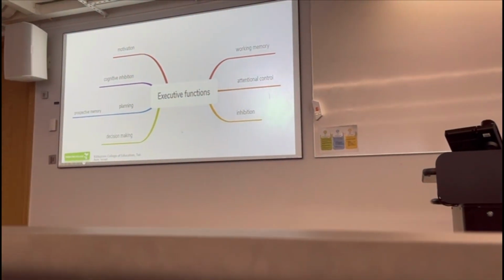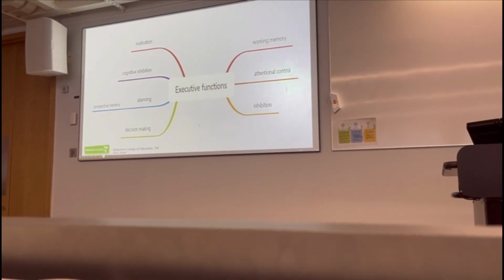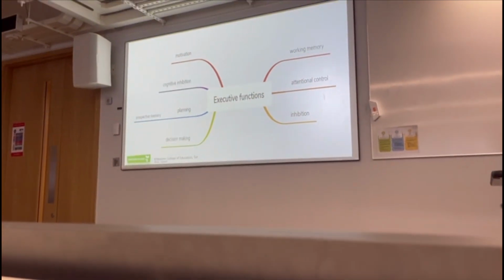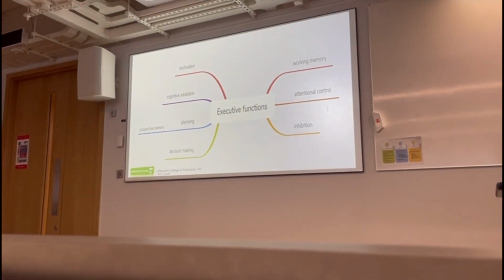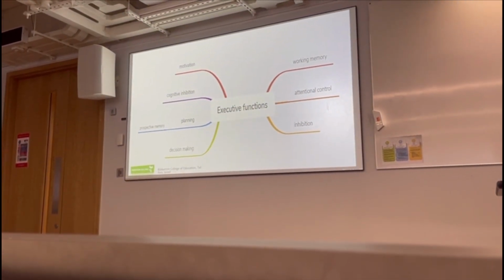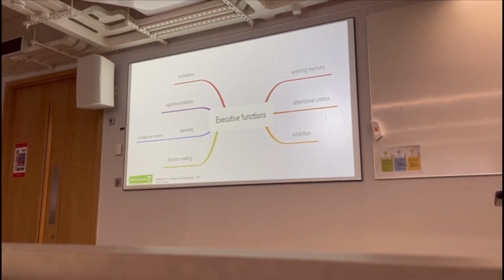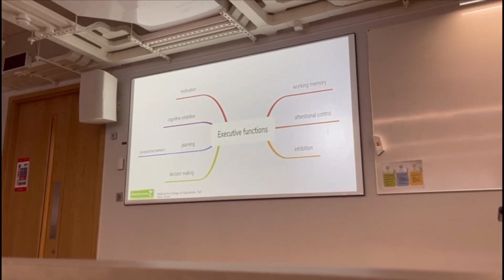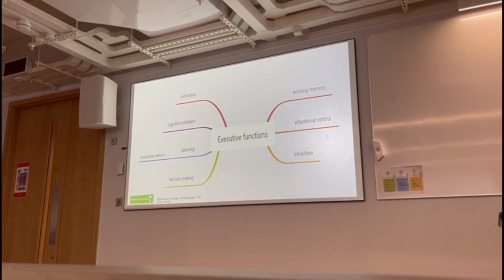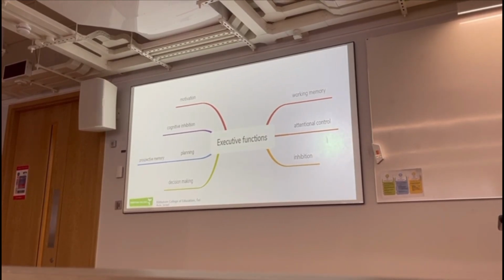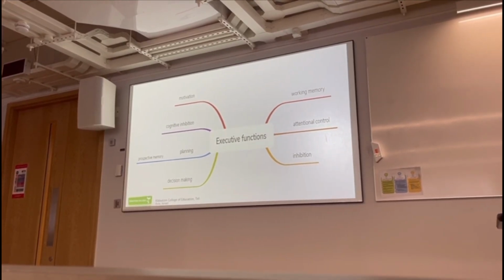So what is executive functions? Executive functions is a frontal lobe capability. It can include working memory, which is a memory of now, of 2 minutes, what we are doing right now. Attentional control, inhibition, how can we inhibit our action.